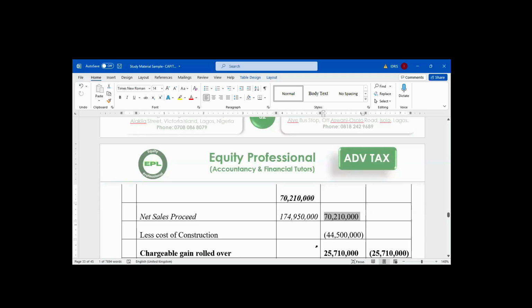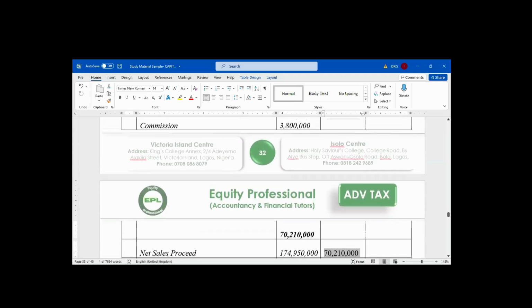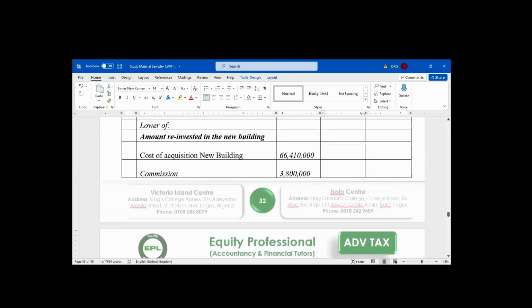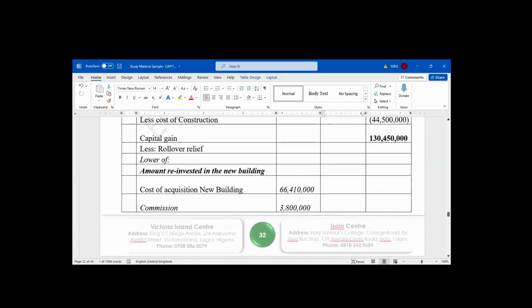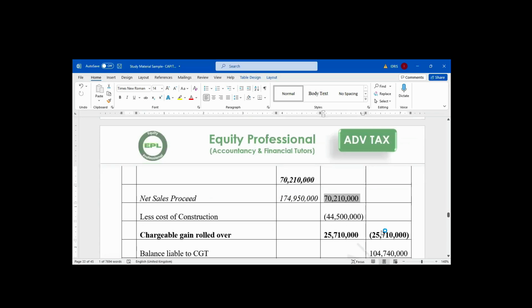That is your rollover amount. That 25,710,000, you will now minus from the capital gain. How much is the capital gain in the question? 130,450,000. If you minus 25,710,000 from it, what will be your net capital gain?